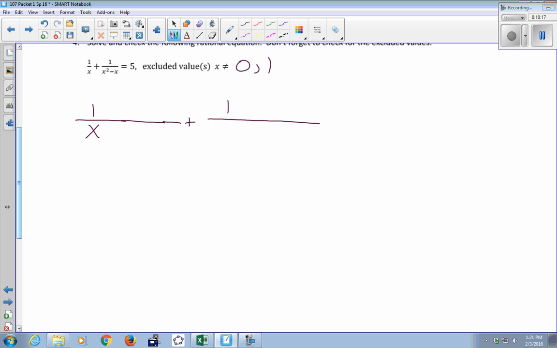You just pull out the GCF. Both terms have an x in it, so it's like reverse distributing. So you pull out the x, and you're left with x minus 1. So you can see that they're equivalent, because if I distributed that x, I would get x squared minus x. And then that equals 5, big line, over 1.